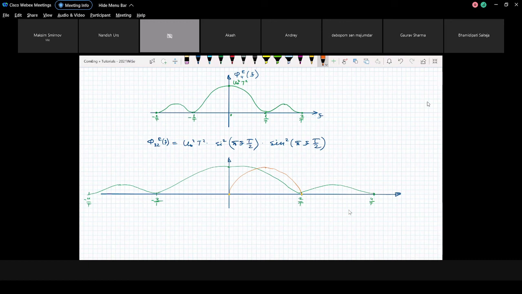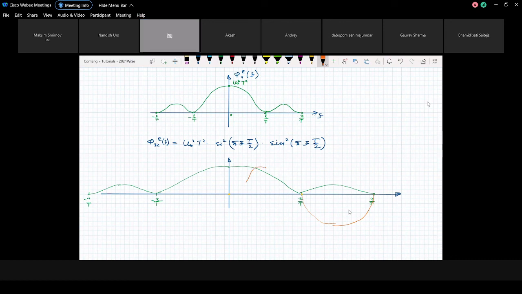And here we have the sine square function. So I will show you what we have for the sine function. It would be something like this: a positive half and then a negative half. But we have the sine square function. As a result, we plot, actually it looks like a cosine function, but shifted.